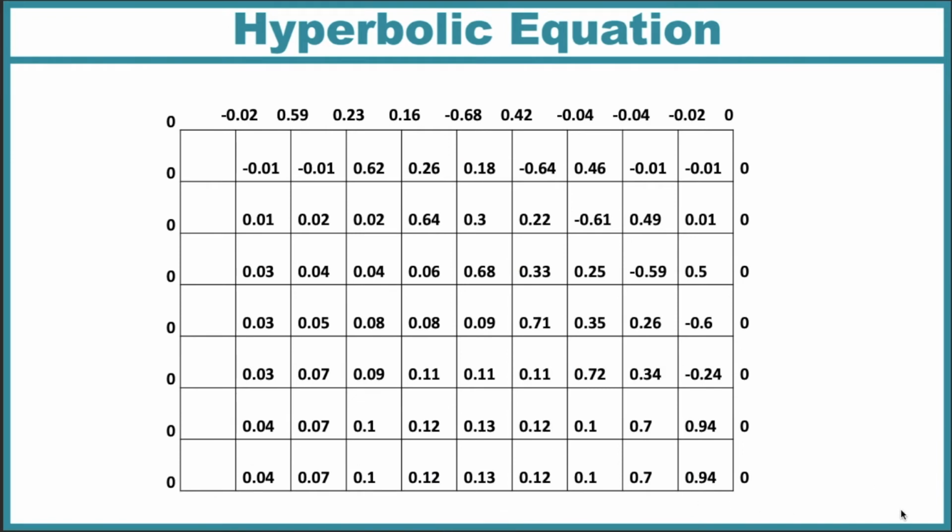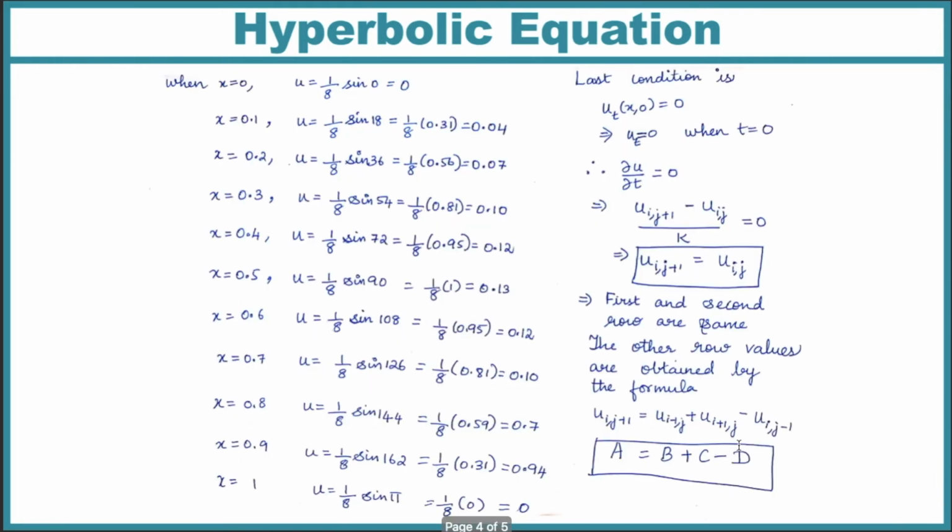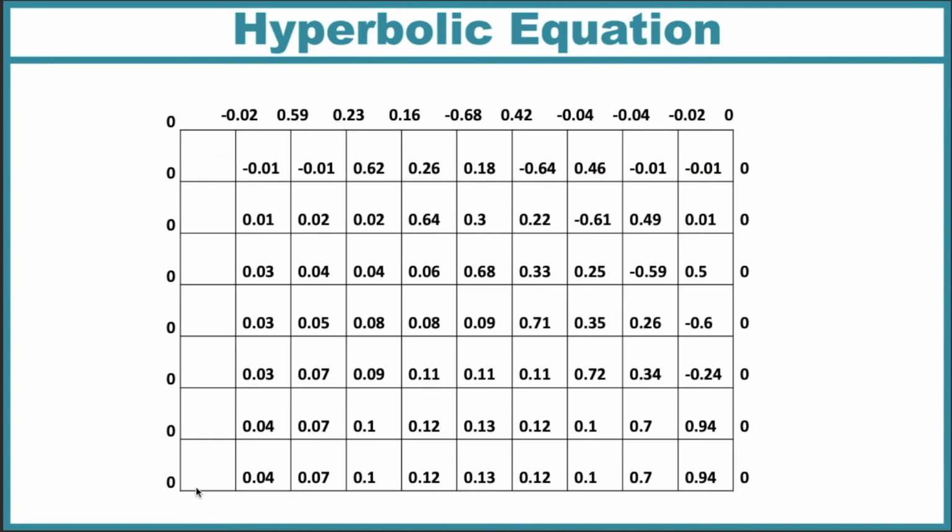So I have got these values, and here they have given u i comma j plus 1 is equal to u i comma j. From here, what does it mean? The first and the second row are the same. So if the first and the second row are the same, then this row is equal to the second row.